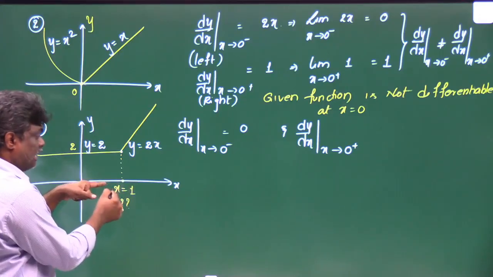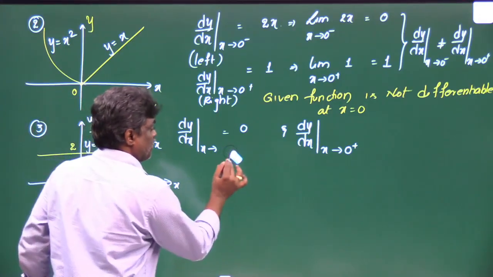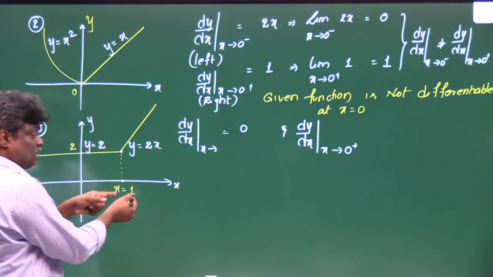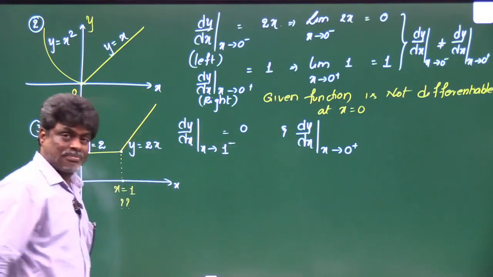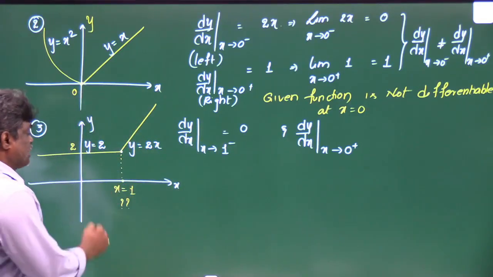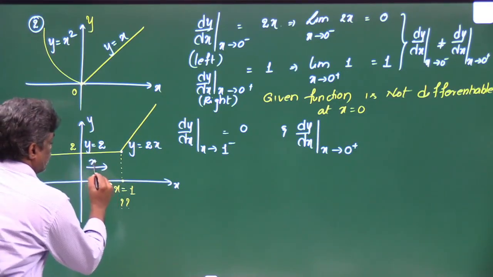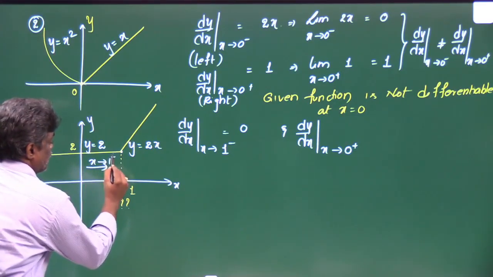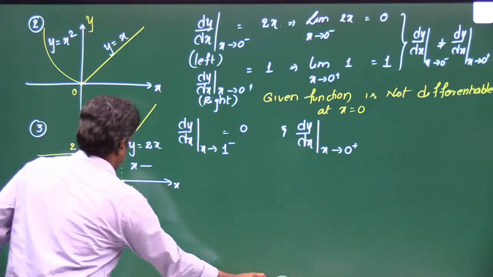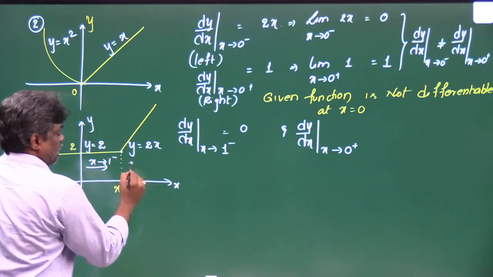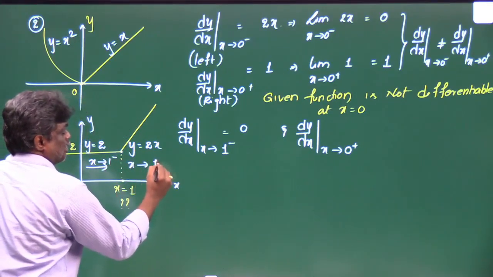We are not finding at x equal to 0, we are finding at x equal to 1. That's why this is x tends to 1 minus, the left side, and here we can take x tends to 1 plus.